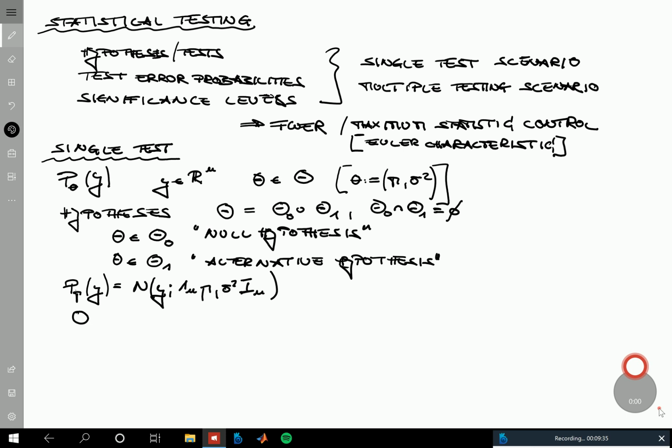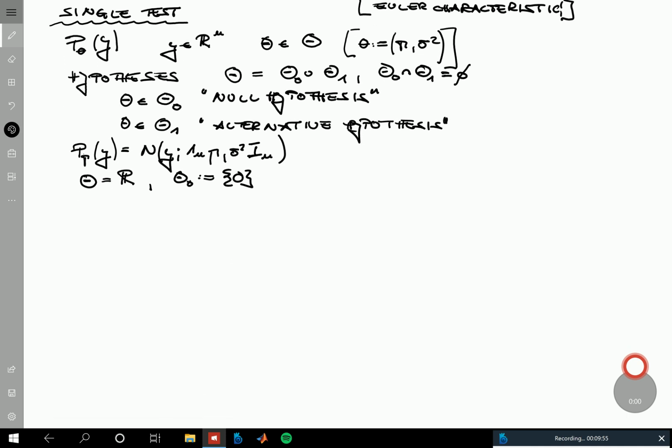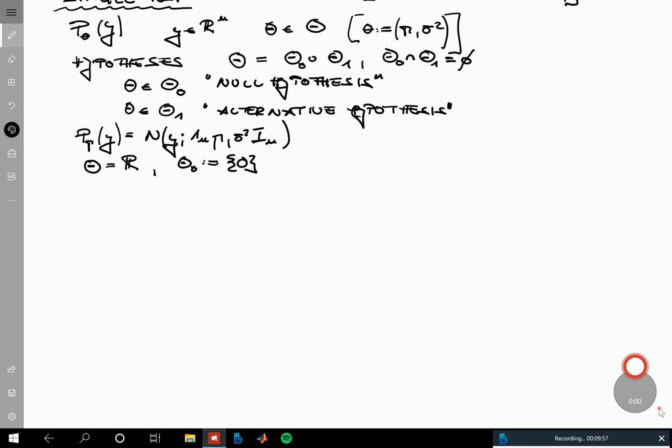The parameter space in this case would be the real numbers, because mu is the only parameter, and this is a real number. Then a partition could be theta 0 is 0. So the null hypothesis is that the true but unknown parameter is 0, and the alternative hypothesis would be that it's any real value but 0.